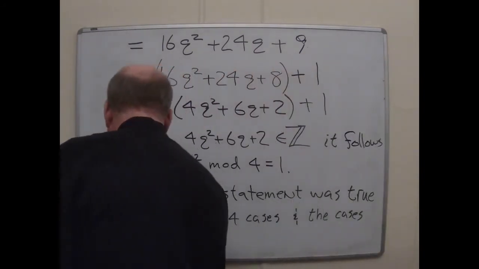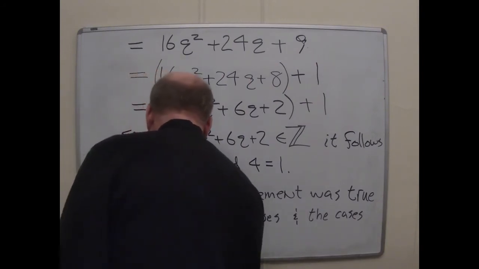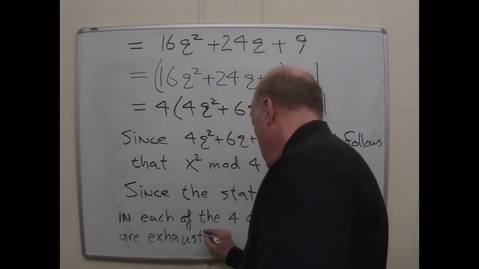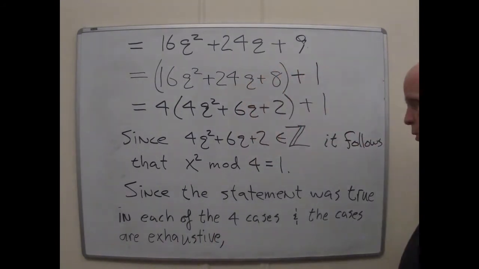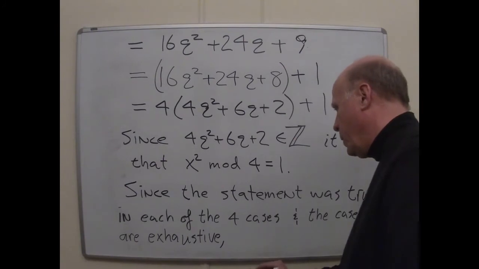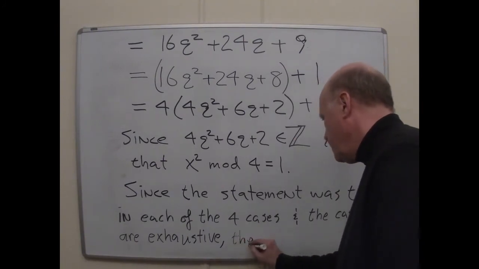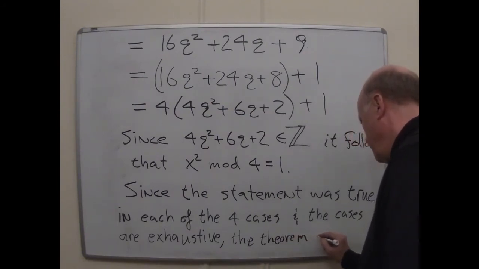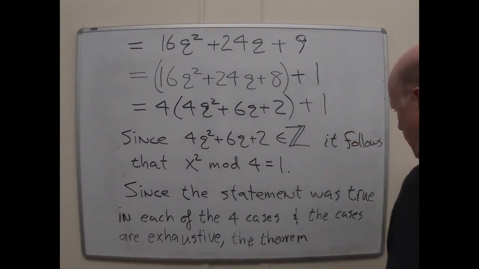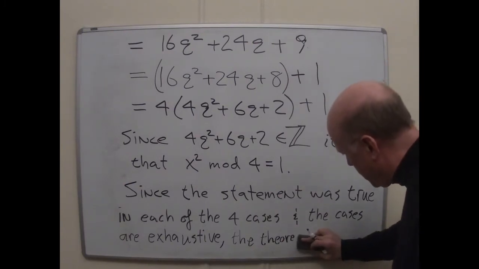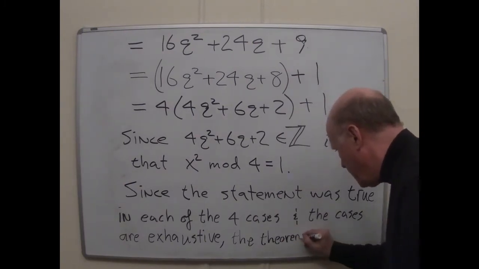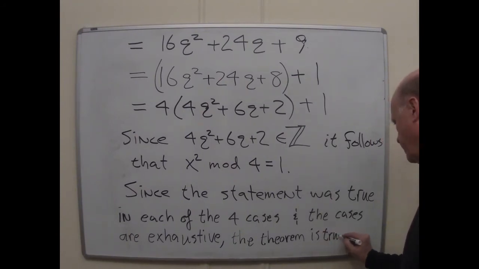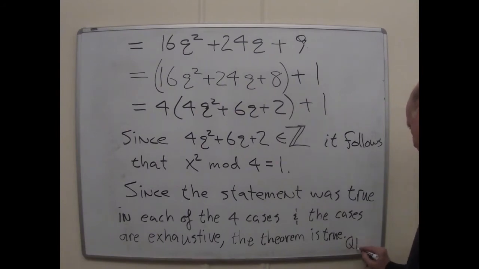So cases are exhaustive. That means we've proved the result by the technique of proof by cases. That was a little bit weird. I accidentally put this extra space in between the E and the M. The theorem is true. QED.